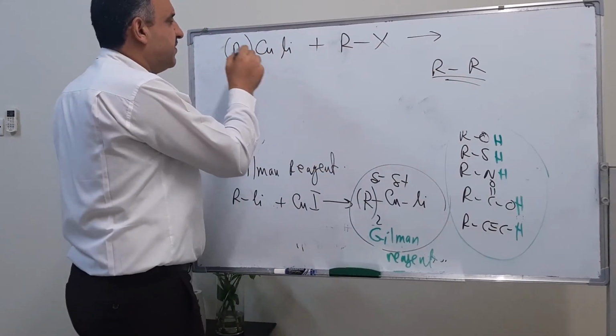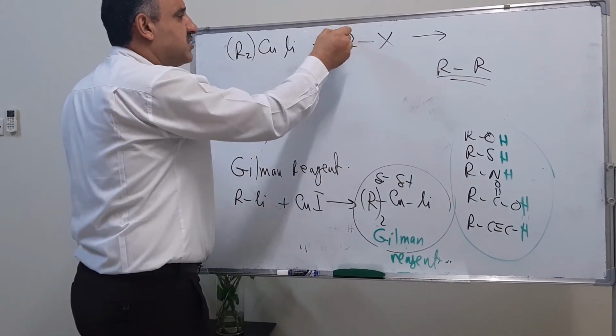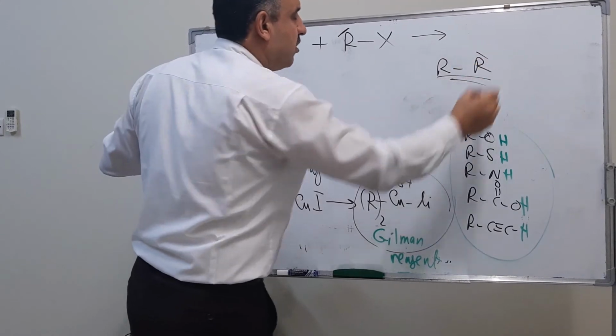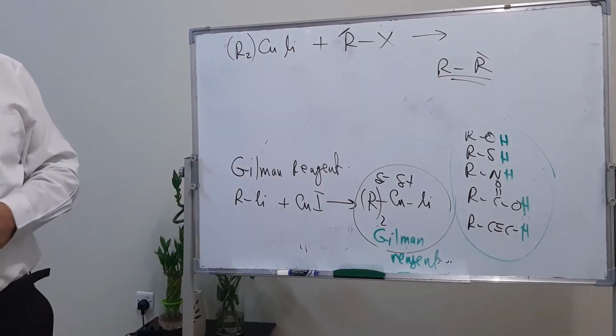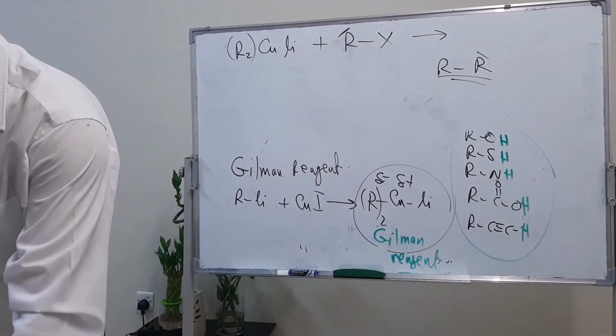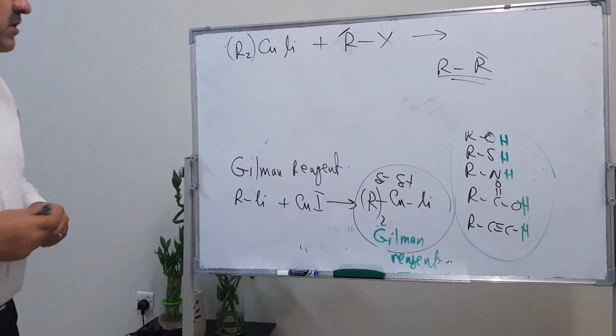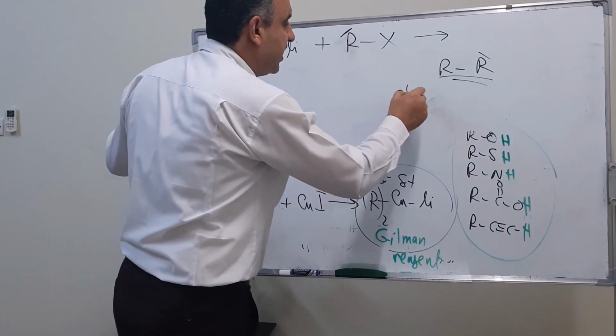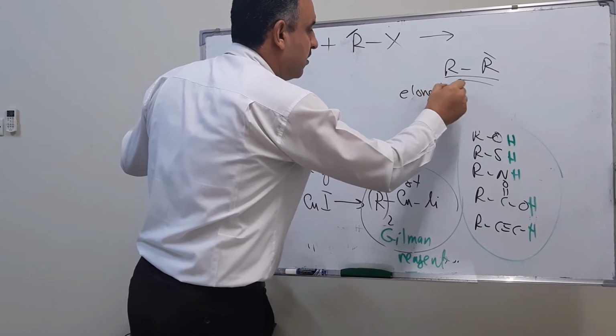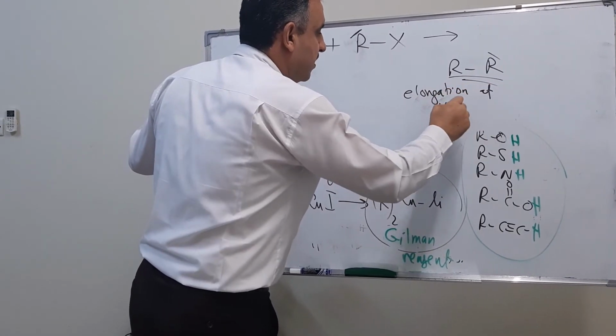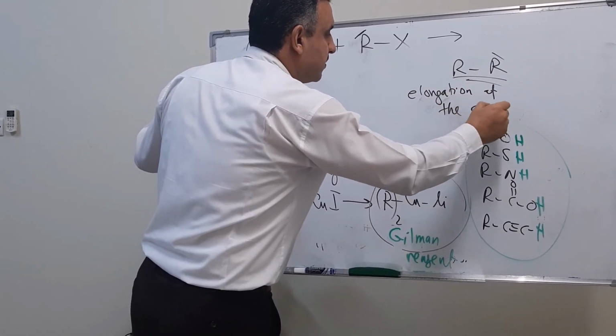Let's differentiate this R from this R. Let's call this R prime. So we are going to get R prime. In other words, this reaction is extremely important in what we call elongation of the chain, elongation of the carbon skeleton.